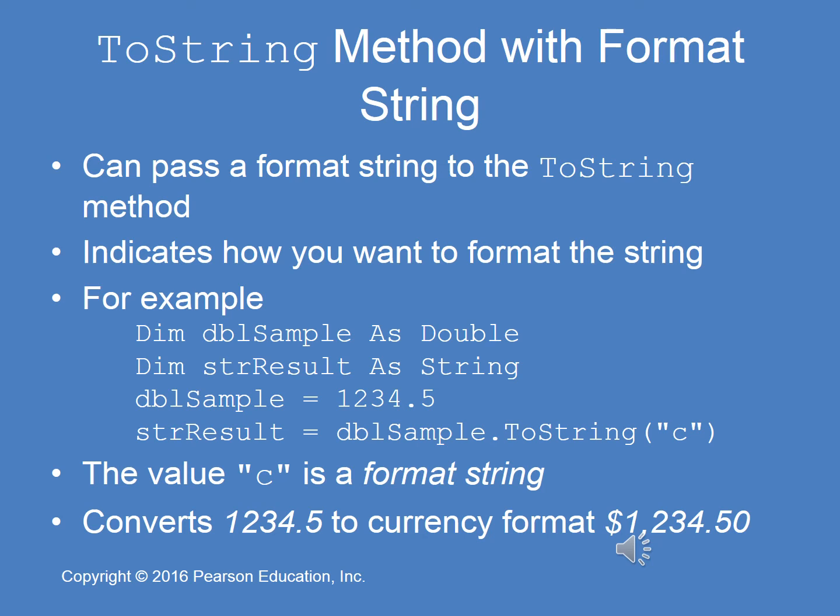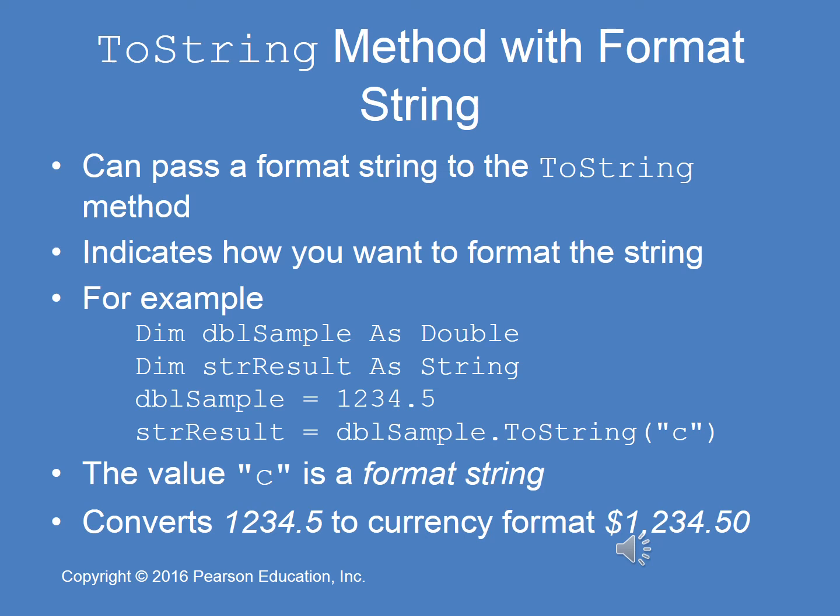Then we're going to take double sample and convert it to a string in the currency format. So that's going to have $1,234.50. We convert it to a string in currency format and store it in string result.